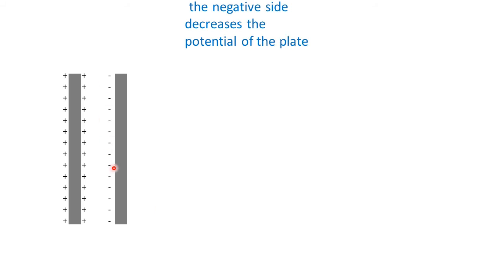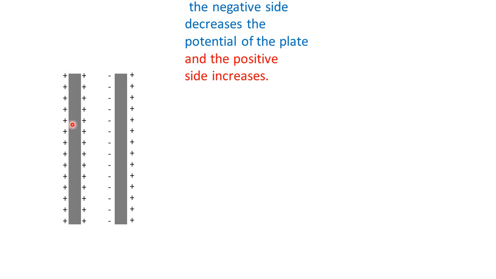Now this negative charge will lower the potential of the first plate, because this is negative charge, and this was positive charge. And what about this positive charge? This positive charge will try to increase the potential of the first plate. What will be the net impact?